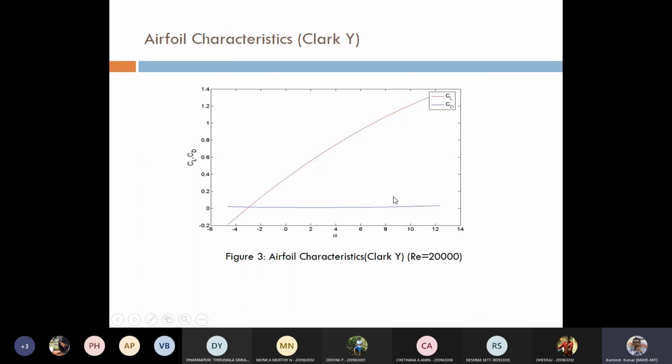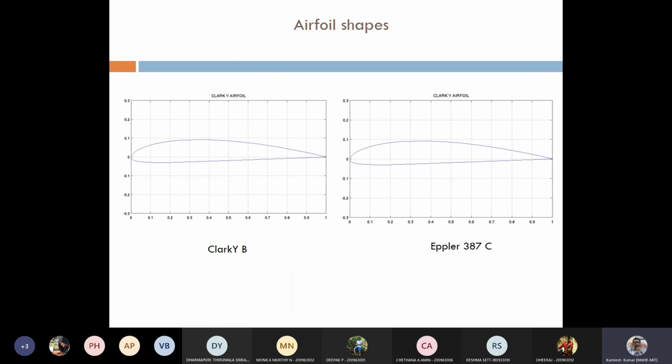Once you have that data from the website, then you can generate and check, and you can decide. This looks like Clark Y, and then Eppler 387. So you can get what chord we are talking about. This is like a vertical cross section of the wing.